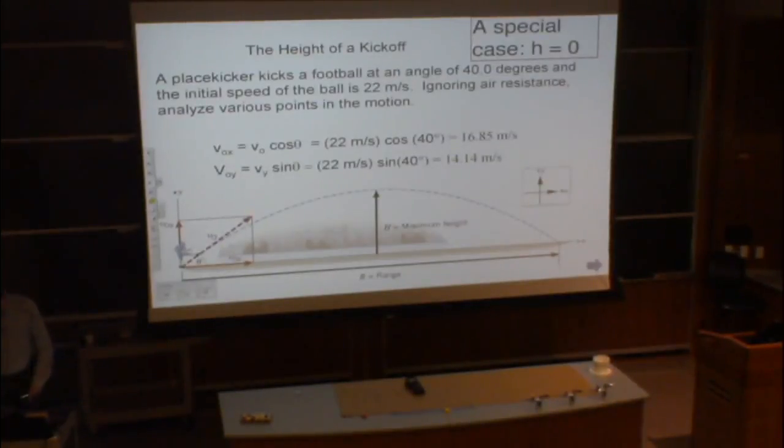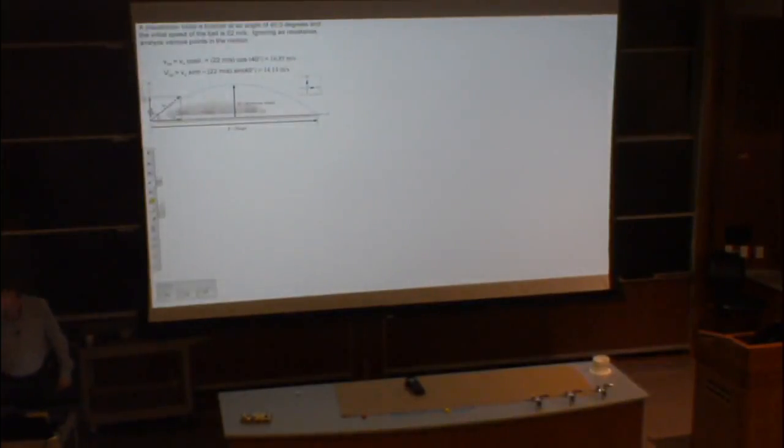And if we know those components, again, what can we do? Well, we know the fact that at the highest point of the trajectory, right here, the y component of velocity momentarily, instantaneously becomes 0.